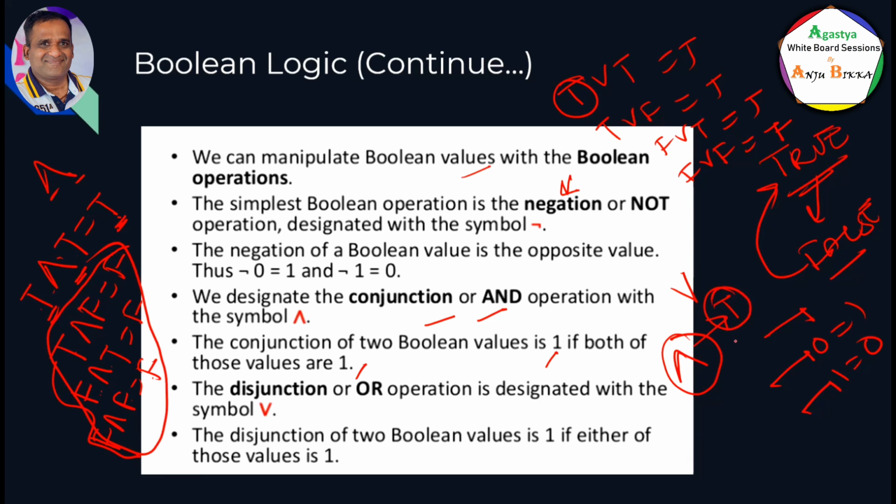In all other cases, it is false. In the case of or, if either one is true, then it becomes true. If both are false, then only it is false. In all other cases, true. This is the OR operation.